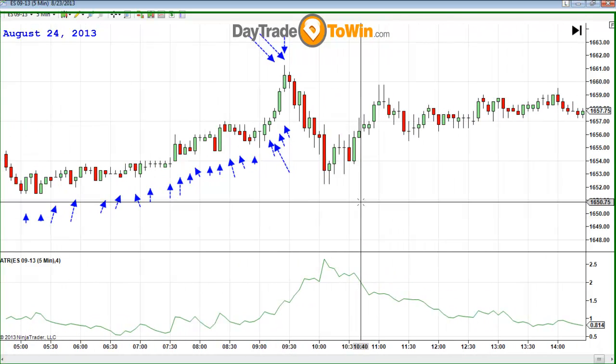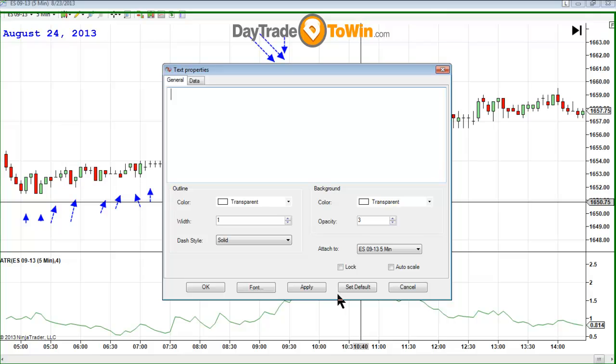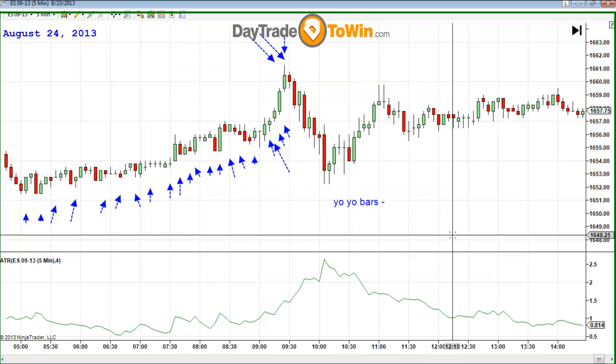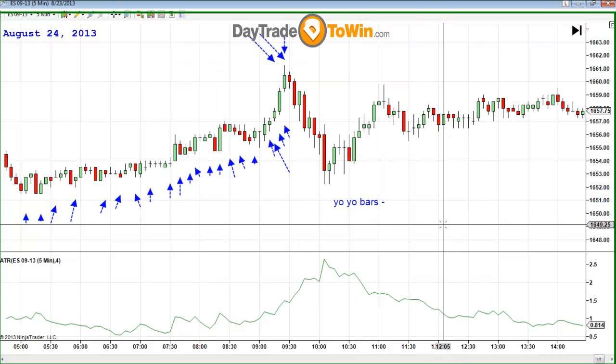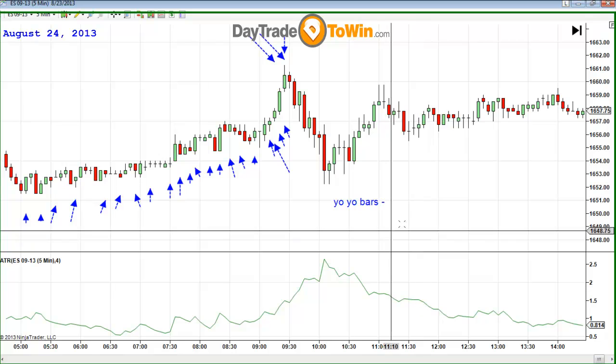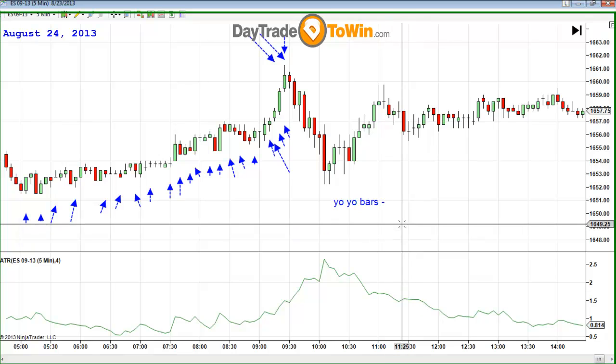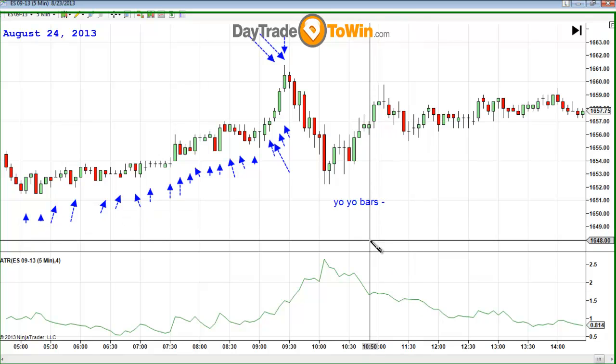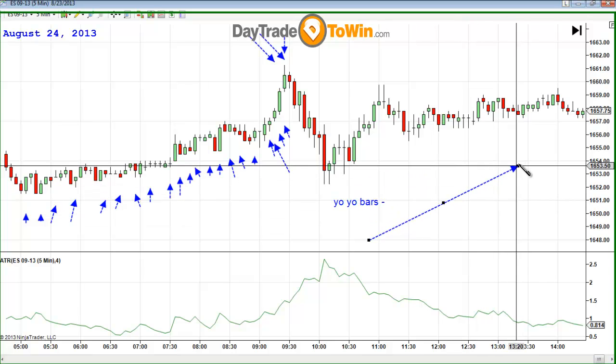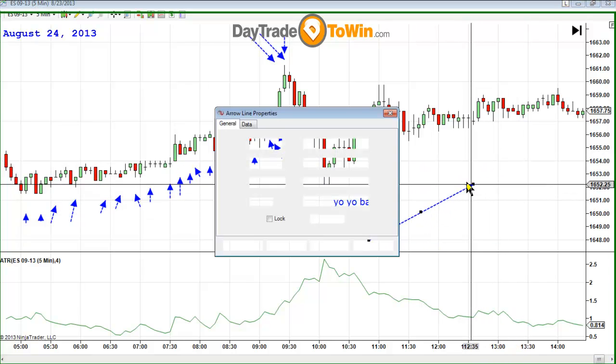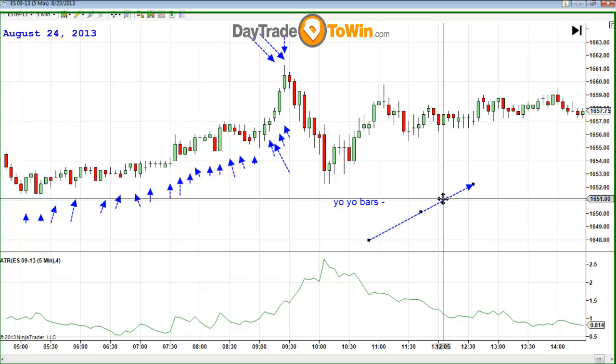Now, there's something called, and this is my term, I'm sure that there's other names for it, yo-yo bars. And this is something that I teach in the Power Price Action course, where what you're looking at is an indication that the market is going higher and higher and higher, or lower and lower and lower, and it's starting to encounter difficulty.